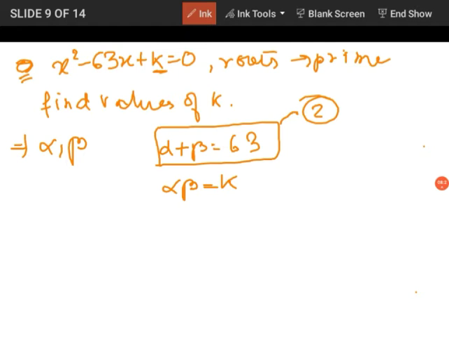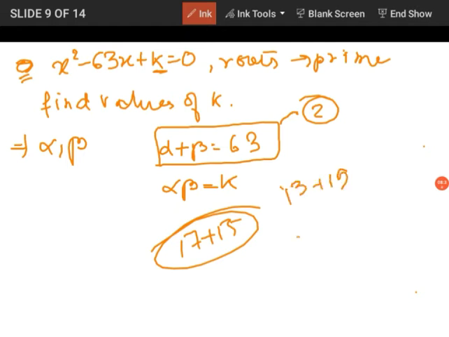Why? This is an observation, because take any 2 primes in the world except 2, add them, you will get an even number. Say 17 plus 15, even number. 13 plus 19, even number, divisible by 2.